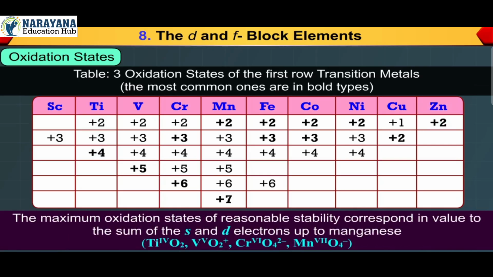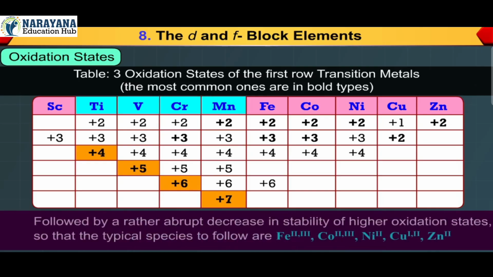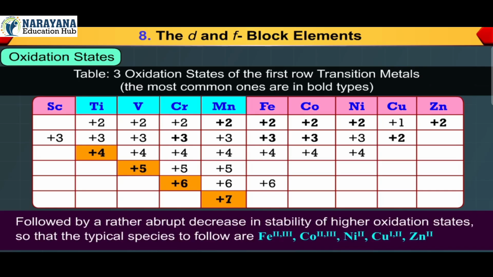The maximum oxidation states of reasonable stability correspond in value to the sum of the s and d electrons up to manganese: TiO2 with Ti(IV), VO2+ with V(V), CrO4 2- with Cr(VI), MnO4- with Mn(VII), followed by a rather abrupt decrease in stability of higher oxidation states, so that the typical species to follow are iron +2, +3, cobalt +2, +3, nickel +2, copper +1, +2, zinc +2.